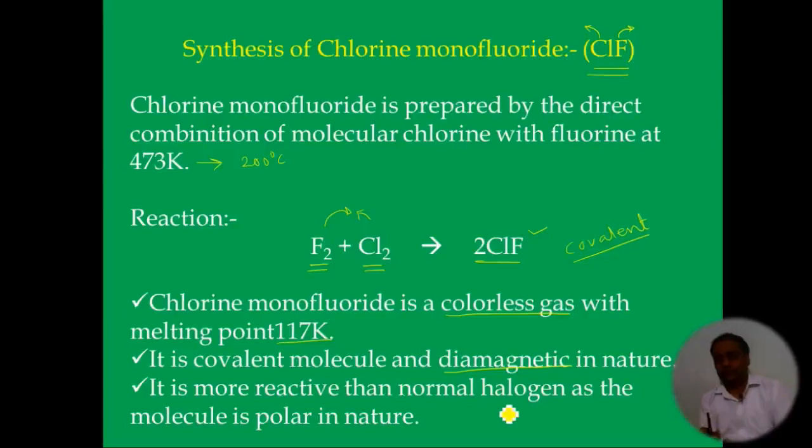It is more reactive than a normal halogen. Why is it more reactive? Because it is polar in nature. That's why it is more reactive than the normal halogen. Now, what is a normal halogen? For example, in this case, this fluorine and this chlorine are normal halogens. And this is not a normal halogen.